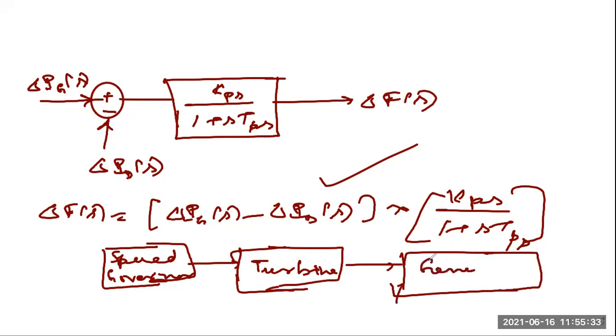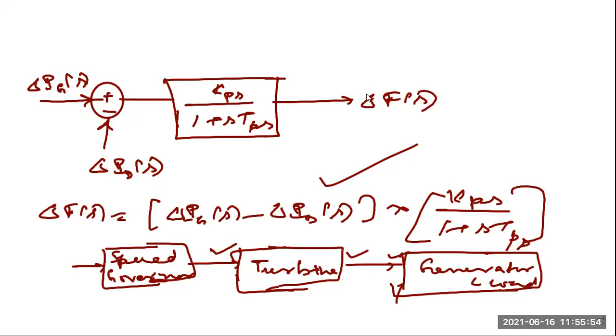This is along with the load. You have to remember, there will be an input to the speed governor. The output of the speed governor will be the input to the turbine, and the output of the turbine will be the input to the generator. This way they are actually coupled.